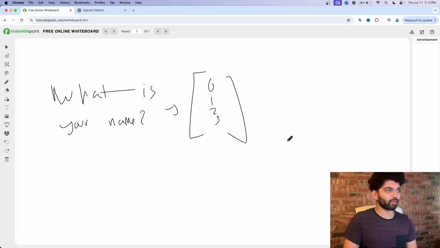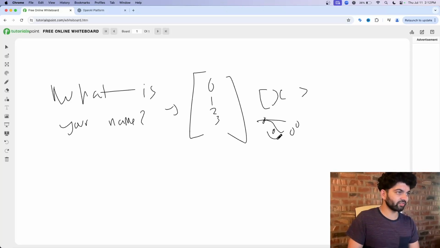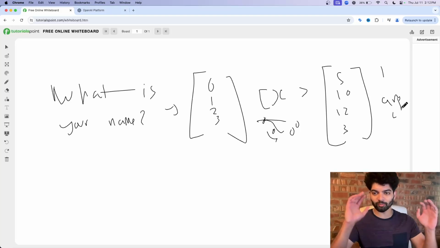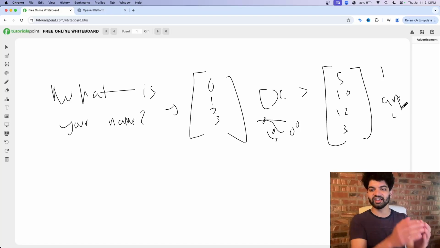And then that's going to do a bunch of matrix multiplication across the neural network, right? That's really what this is. And it's going to give a new matrix back out, like 5, 10, 12, 3. And that represents I am ChatGPT, right? That's how this whole thing comes back together. The whole point of tokenization is it converts words into numbers.